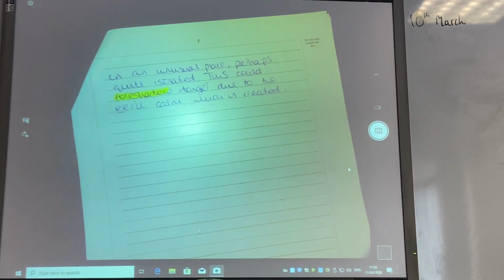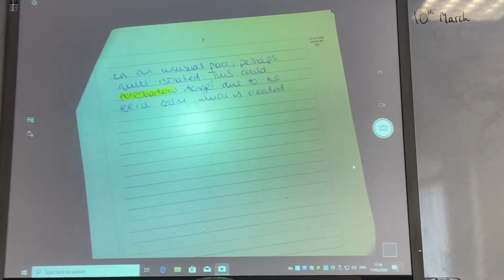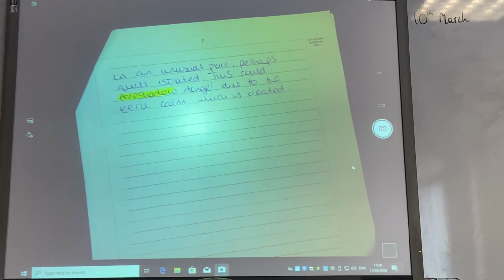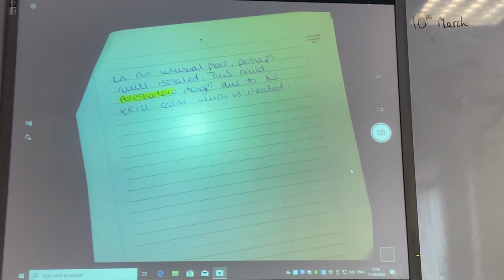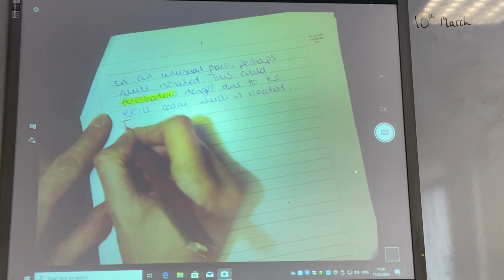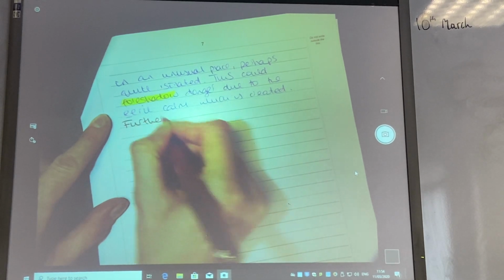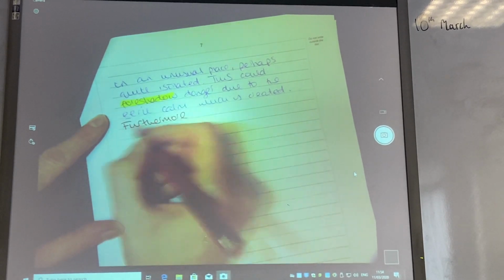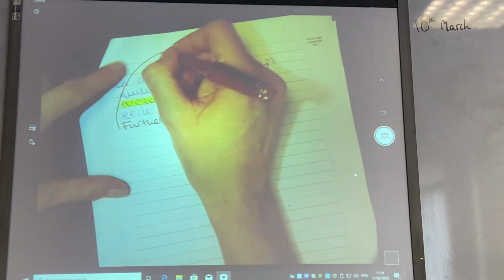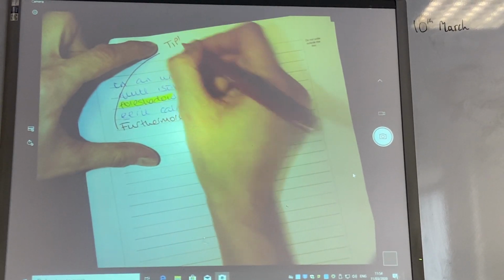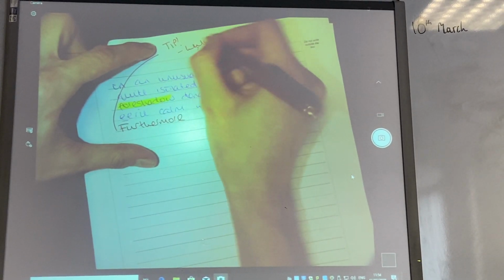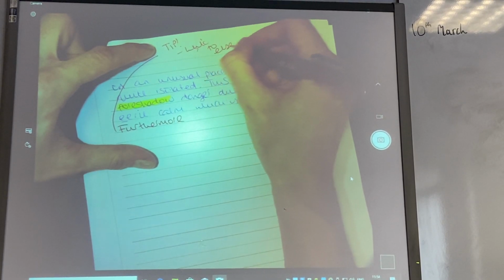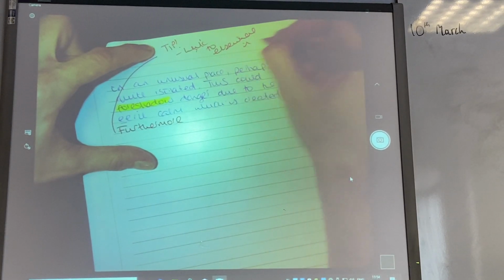Okay, so that would be all right on its own, but we want to try and develop it a bit to try and get to the top band. Now, with your furthermore bit, on the structure question, I've got a big tip for you, which we'll write up here. Tip: link to elsewhere in the source.